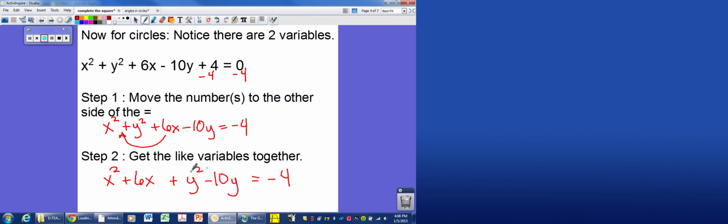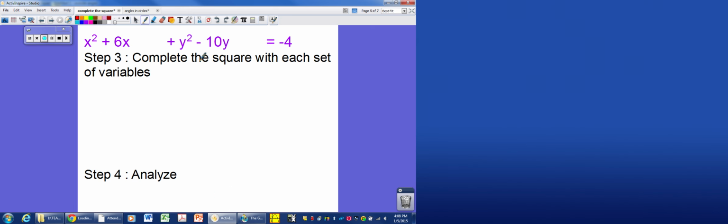So we're doing this so that we can get it into a form that we as geometers like, the center radius form. Because you know you need parentheses and squares when you have the circle center equation. So you get the number over there and then you get your variables together, because we're going to complete the square on two different variables at the same time.